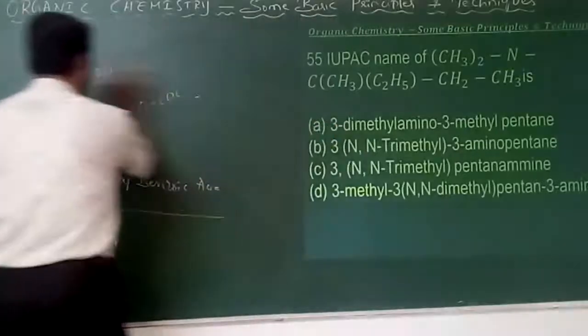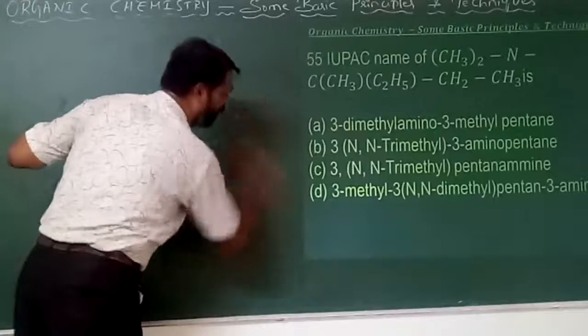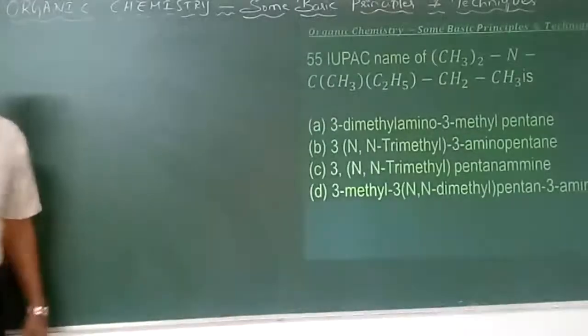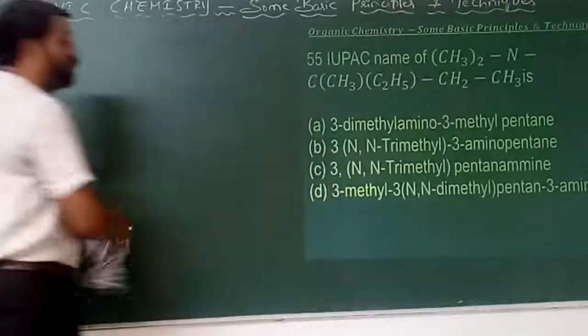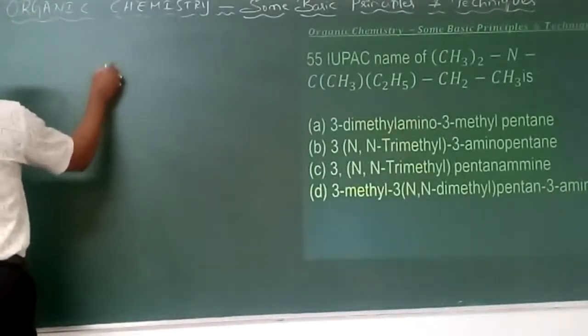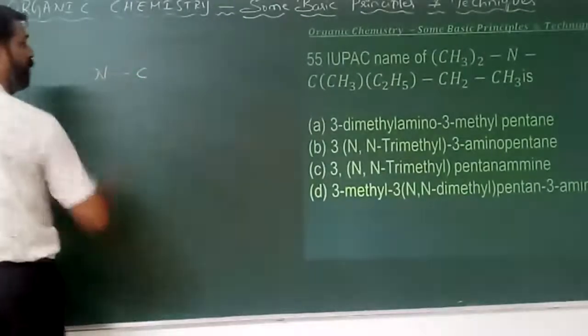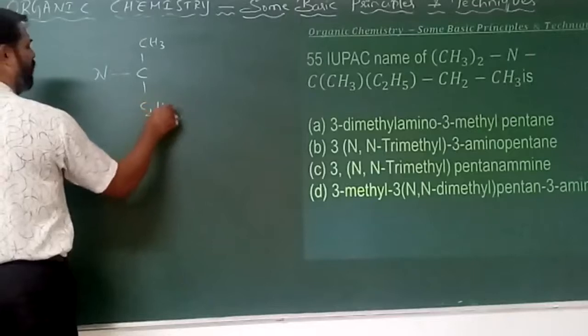What is the IUPAC name of that particular compound that has been taken? What is the IUPAC name of that compound? So here, one is CH3, another at the base we have the CH, right?